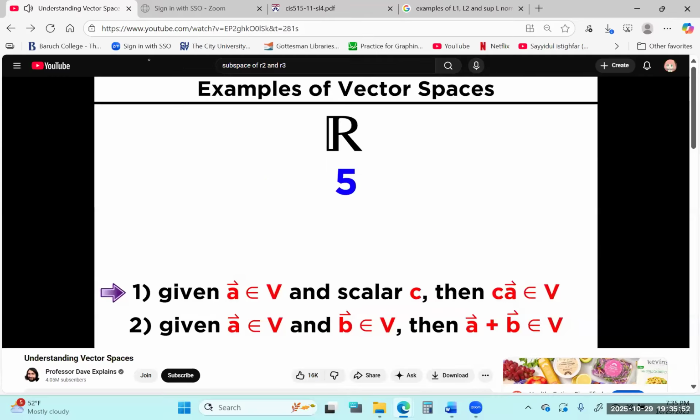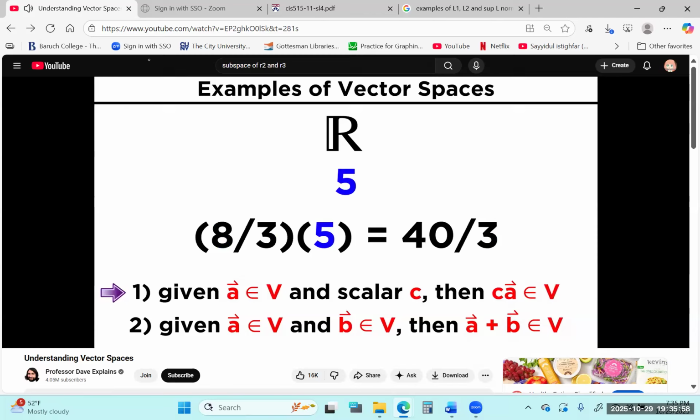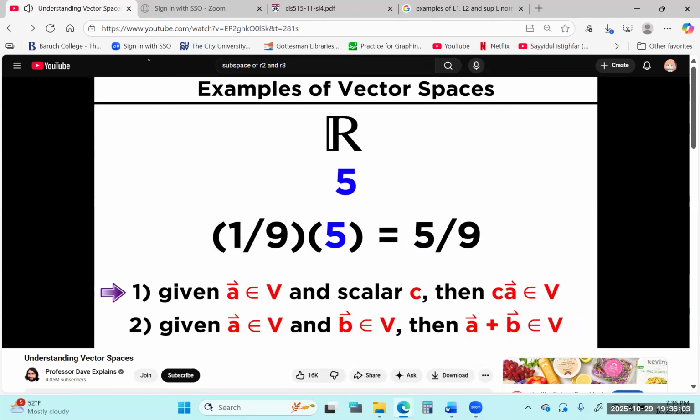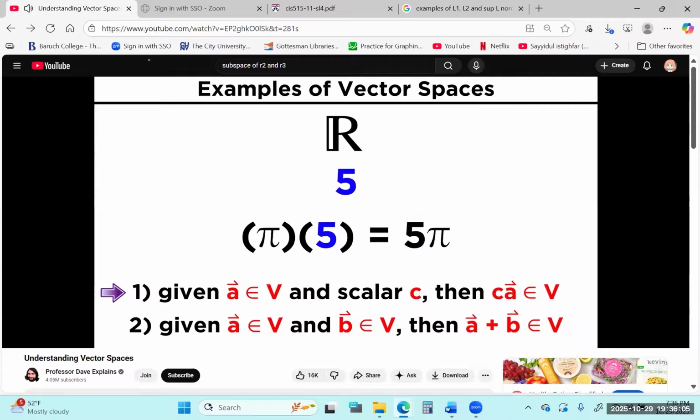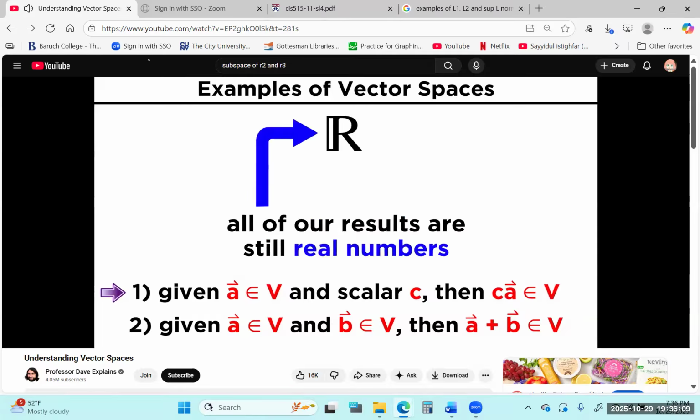Let's take the number 5 as our element and multiply it by a few scalars. 2 times 5 is 10. 8/3 times 5 is 40/3. 1/9 times 5 is 5/9. Pi times 5 is 5 pi, and so on. Notice that all of our results are still real numbers. This is because no matter what we choose, a real number times a real number is still real. So the set of real numbers satisfies the first closure property.